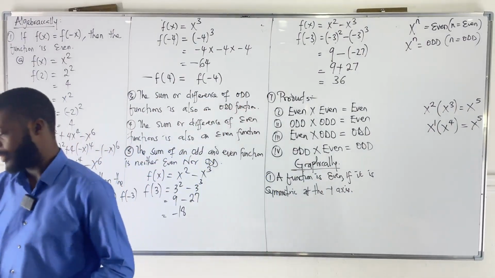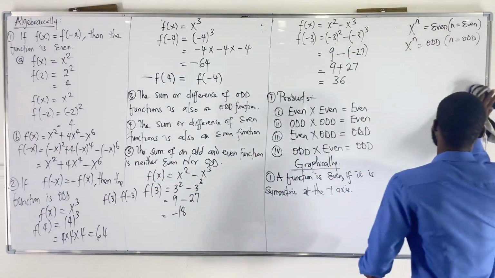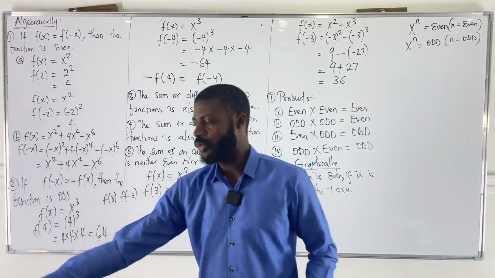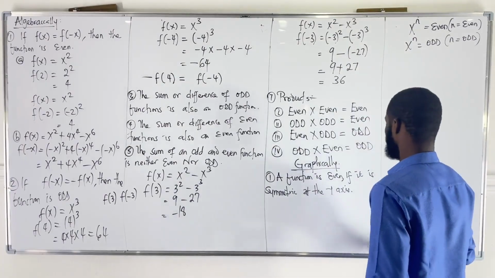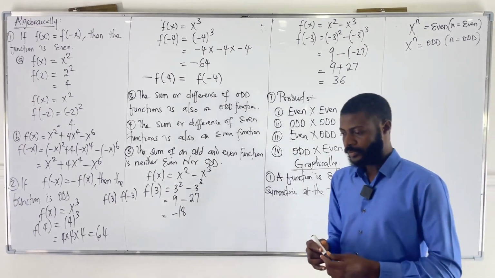So let me explain what that means. Now, to be symmetric kind of means to be equivalent or to be equal. To be equal or to be the same.